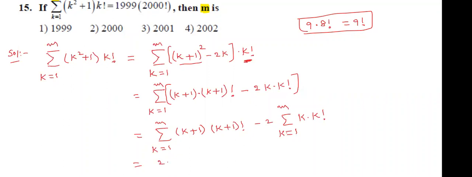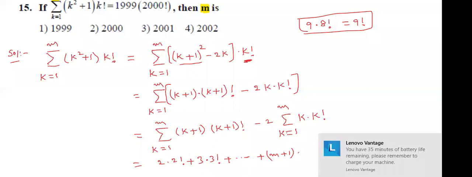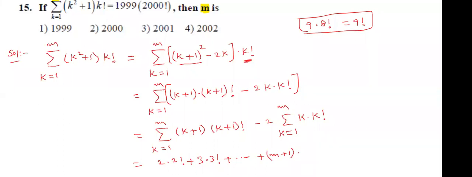What will we get? 2 into 2 factorial plus 3 into 3 factorial plus and so on, up to (m plus 1) into (m plus 1) factorial. And observe the second term also. What do we get? 1 into 1 factorial plus 2 into 2 factorial plus and so on. Here will come m into m factorial.